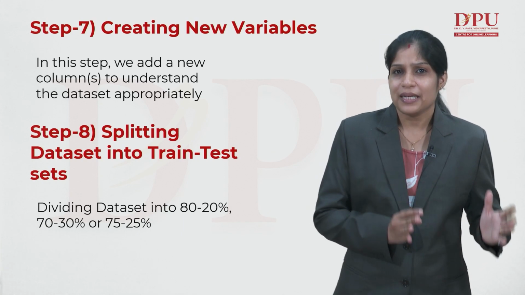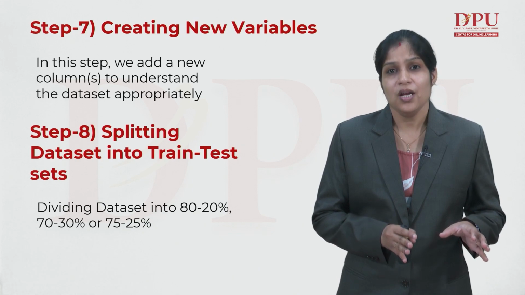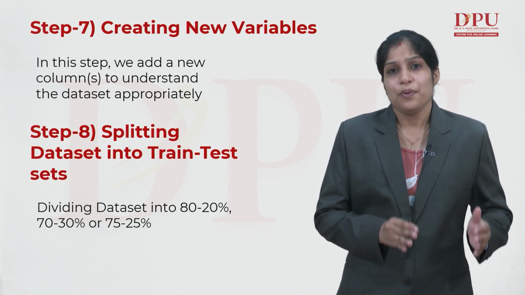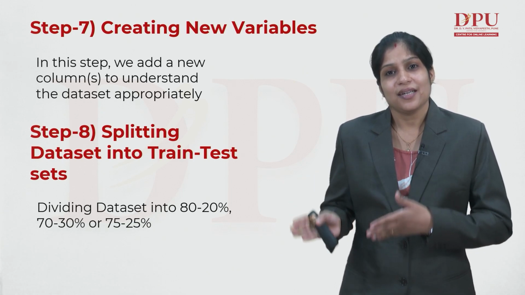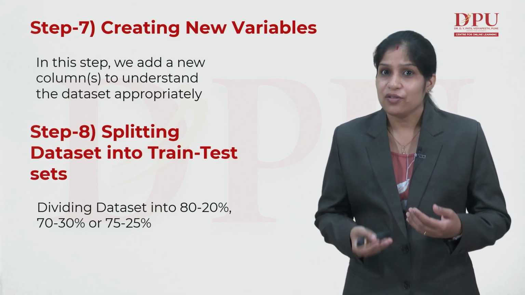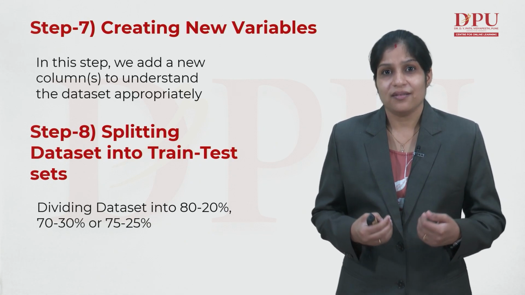After building the model and training it on the train data set, we will use that model to predict the values in the test data set. Based on that, we will identify whether or not our model is appropriate.